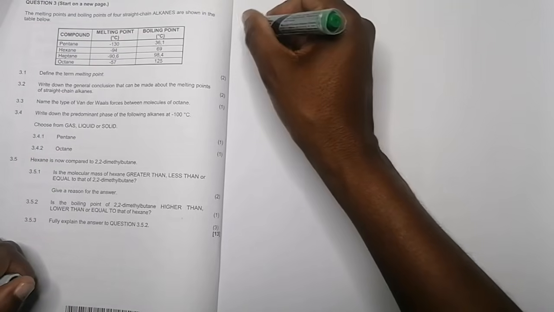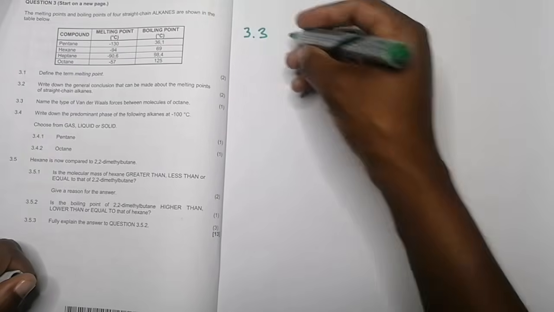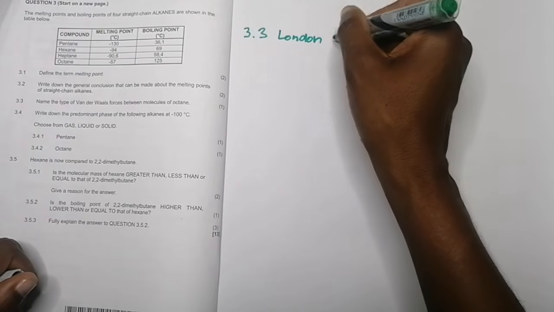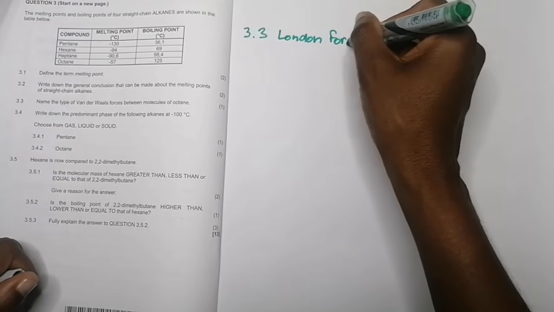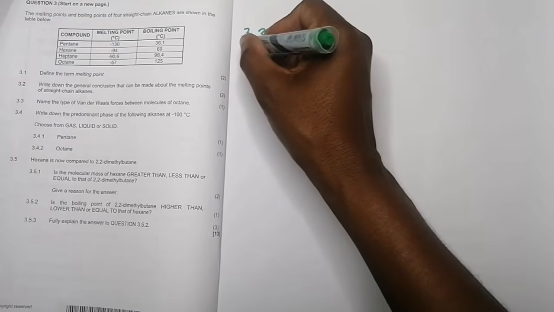So those would be London forces. In fact, let me write that down, so that I'm going to start at 3.3. Of course, we discussed the other ones. Those are London forces. If I remember, another word for London forces is dispersion forces, so you can also write that as well.